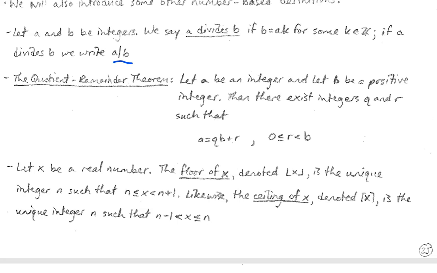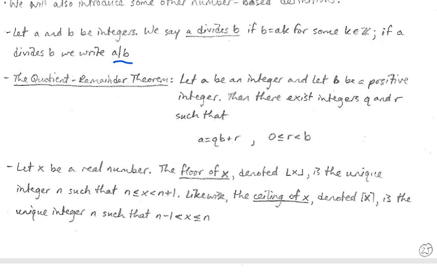It's the greatest whole number that is less than or equal to x. If I plugged in, say, 10, then the greatest whole number that's less than or equal to 10 is 10. So that's just a couple basic samples of what the floor function does.